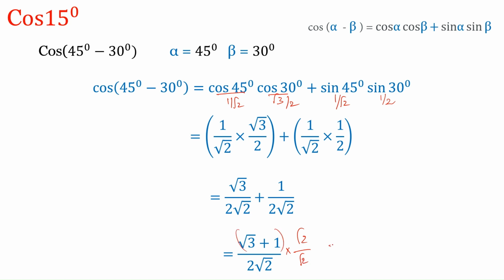In a similar way, root 2 into root 3 is root 6 plus 1 into root 2 is root 2, upon root 2 into root 2 is 2. So 2 into 2 makes 4. So we can use either root 3 plus 1 upon 2 root 2 or root 6 plus root 2 upon 4 for cos 15.